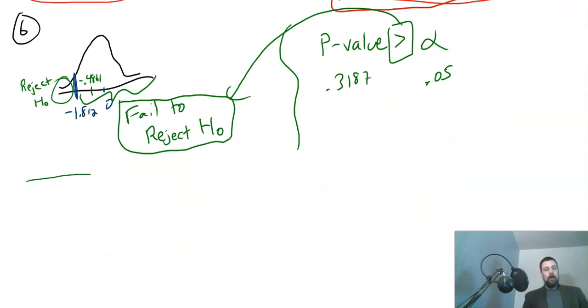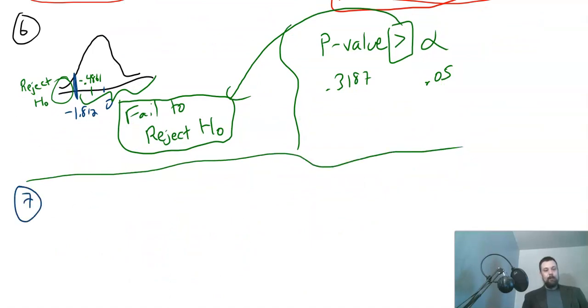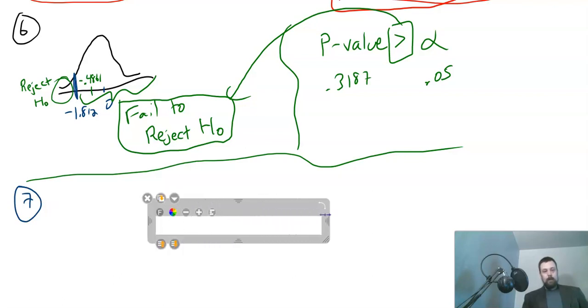All right, so what is our final conclusion here? This is the last step, step 7. Our final conclusion is that there is not sufficient evidence.